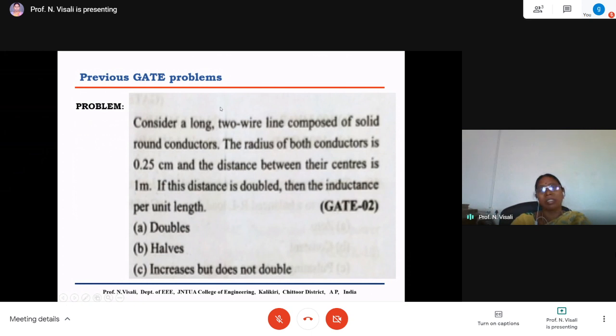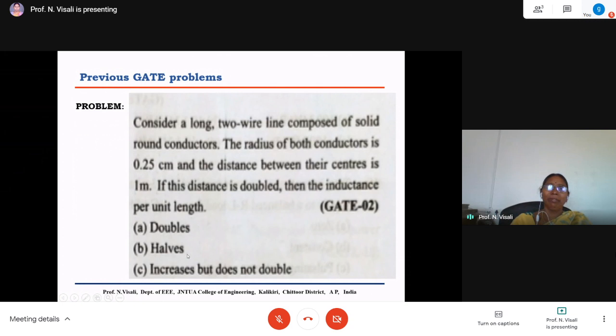So you can see it is once again a two-wire line with solid round conductors. Radius is the same for both conductors, and the distance between them is 1 meter. Then if the distance is doubled, what will happen to the inductance? The options: inductance will double, or increase by half, or increase but not double.